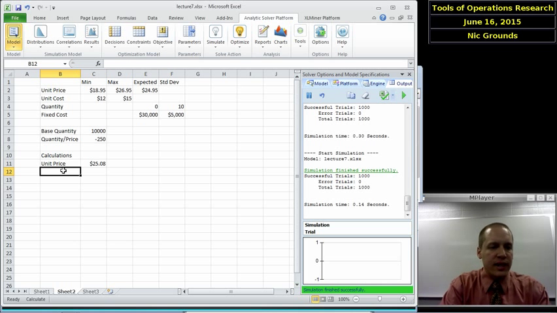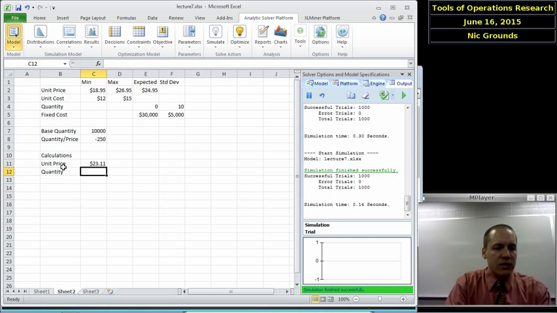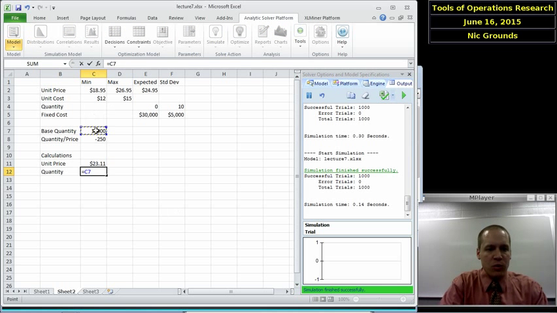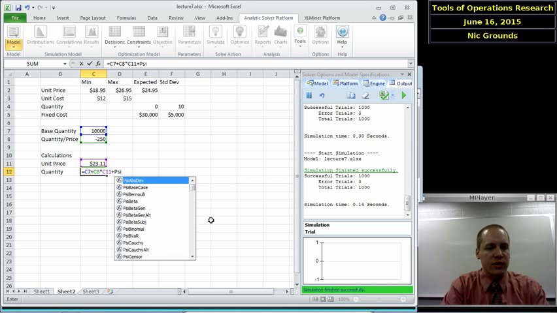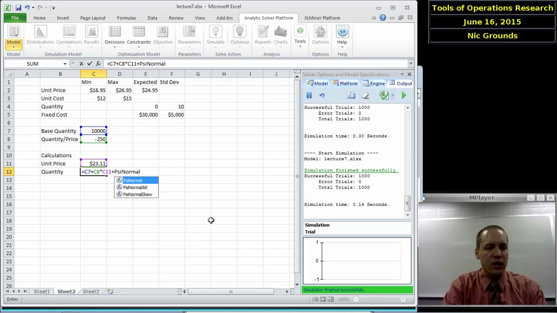Now that we know price, we can calculate quantity. So quantity was the base quantity plus this quantity per price factor times unit price, plus a normally distributed random term. I'm just going to show you how you can literally just enter the equation in here.